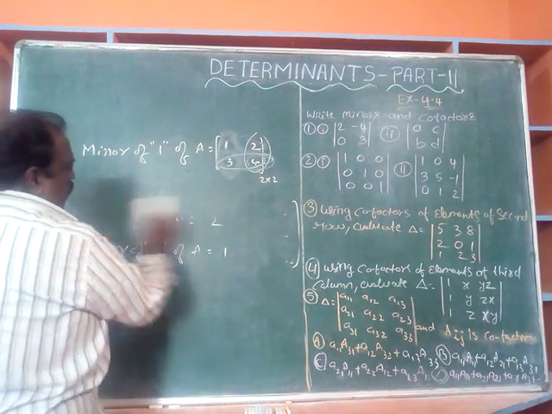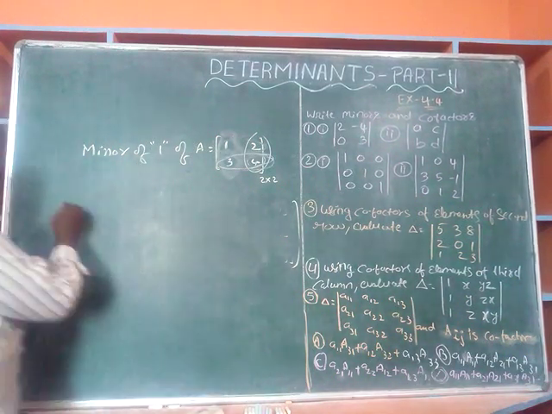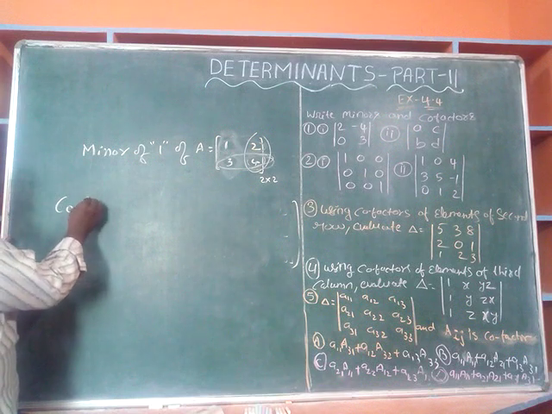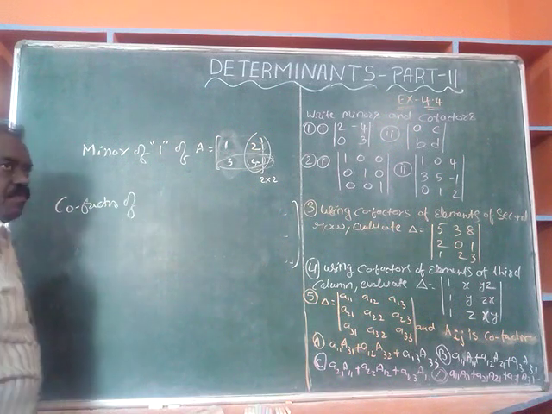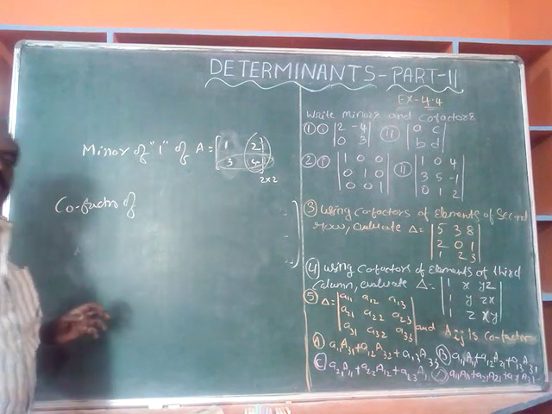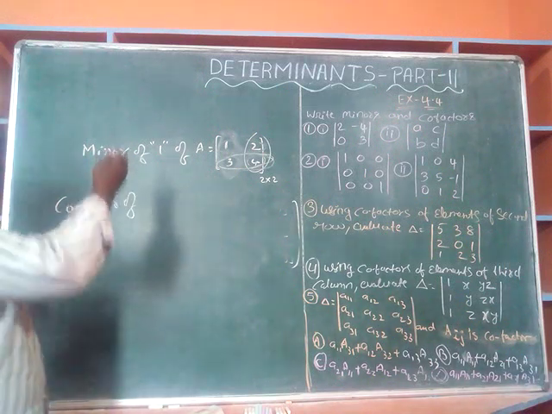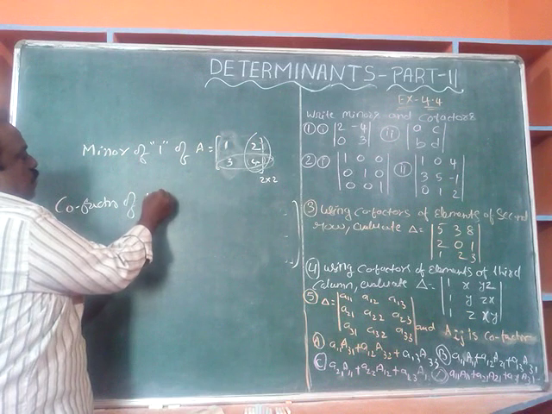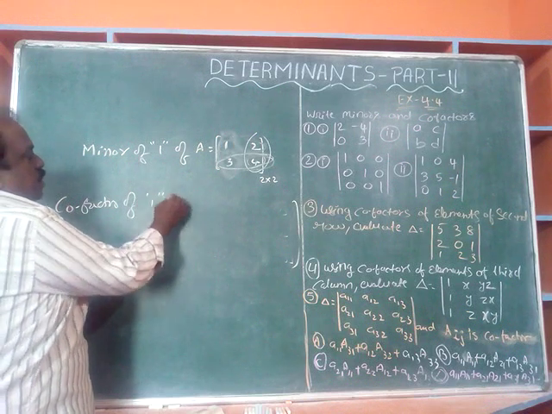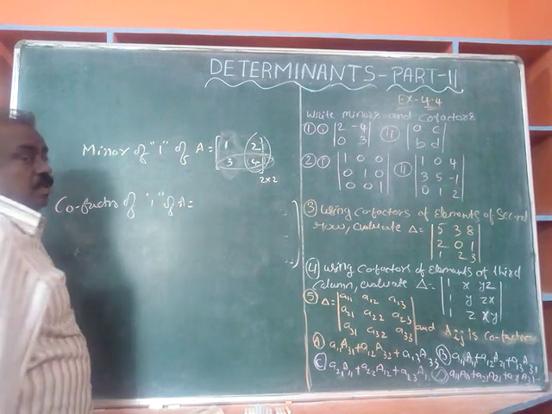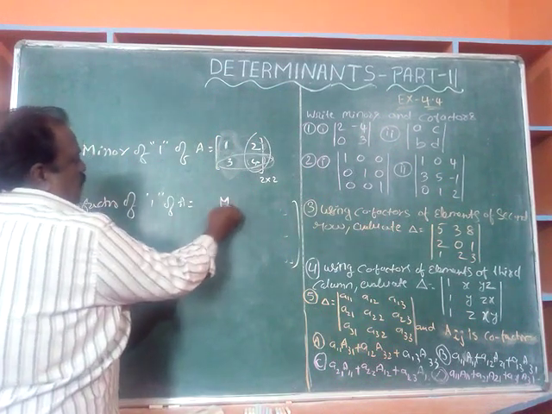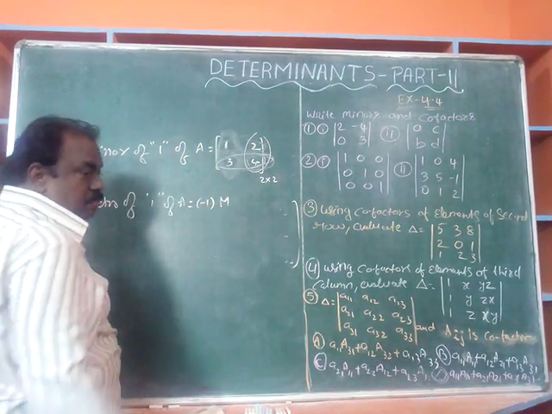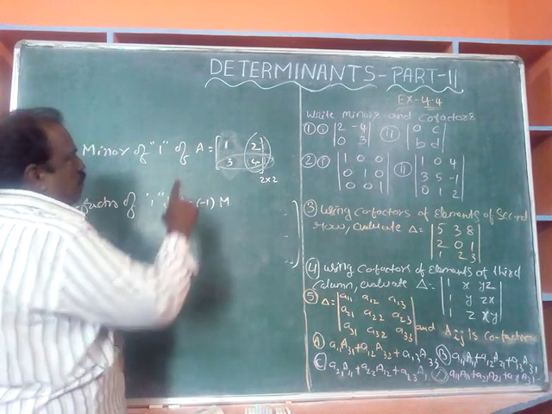Similarly, one more concept is there: cofactor, also related with the element. The cofactor of 1 of the matrix A: you find the minor and it is multiplied by -1 power.